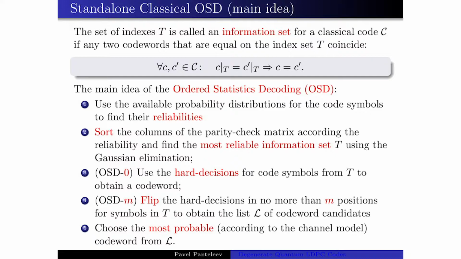So if you use hard decisions for code symbols from this information set, you can reconstruct a code word. And actually, you can stop here, and this is called the OSD-0 decoding algorithm.